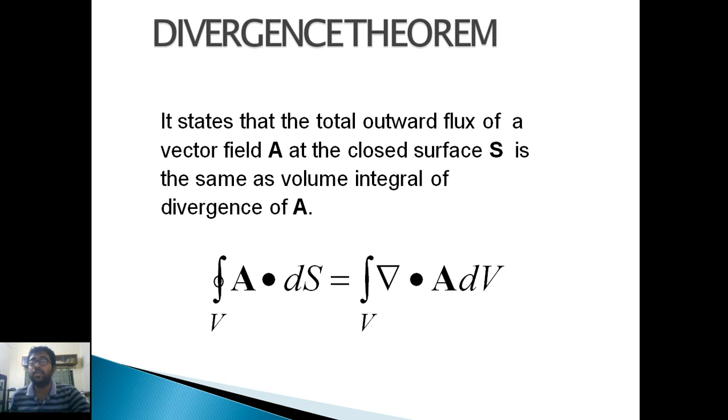It is basically the net outward flux of a specified volume, the region which has a volume, and in that specific region the vector field A is continuous.